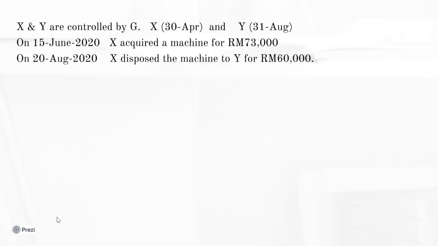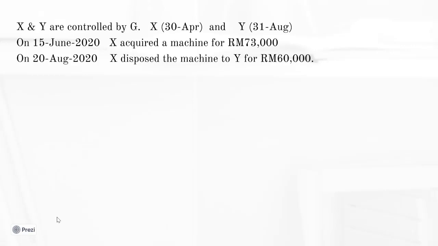Now let's just use an example here. X and Y are both controlled by G. X has the 30th April year end and Y has 31st August year end. Let's start with 15 June 2020, where X acquired a machine for 73,000 ringgit.